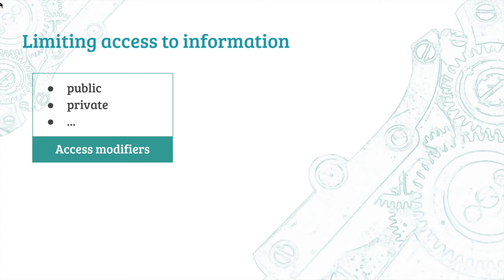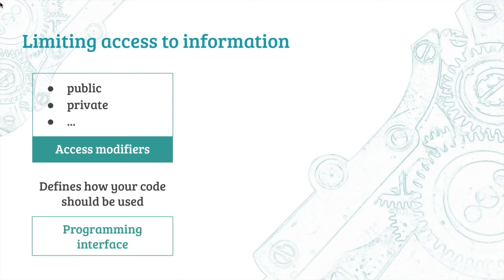So, as a developer, by using these access modifiers, you define how your code should be used. You are defining a user interface, or rather a programming interface. A programming interface tells another class how it can interact with your class.